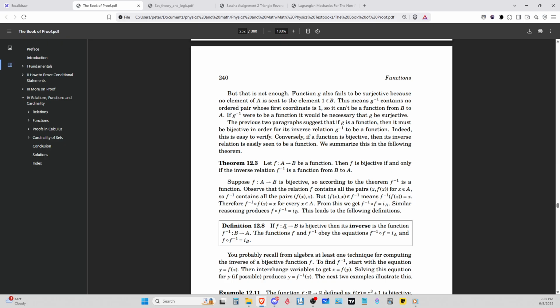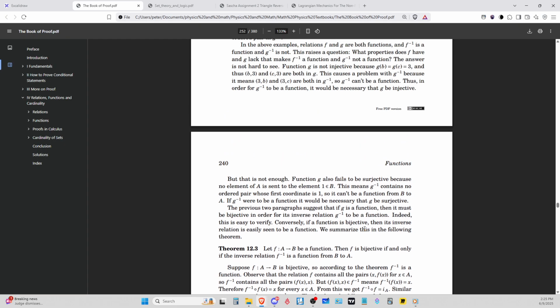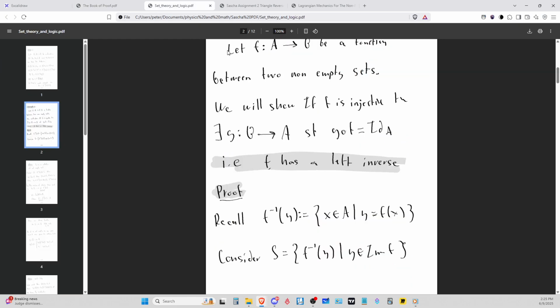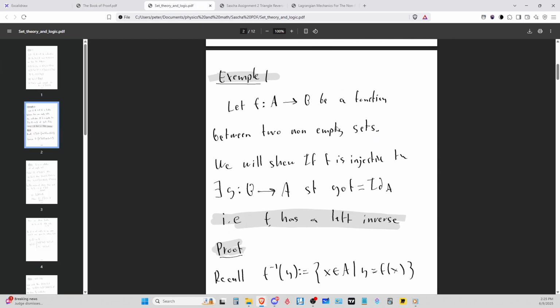Let's see. If f from A to B is bijective, then its inverse is the function, right? Yeah, and obeys the equation. So, okay, maybe Sascha's notes will let us know about that. Okay, so let f be a function between two non-empty sets.